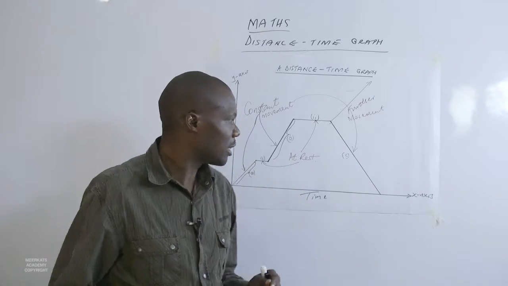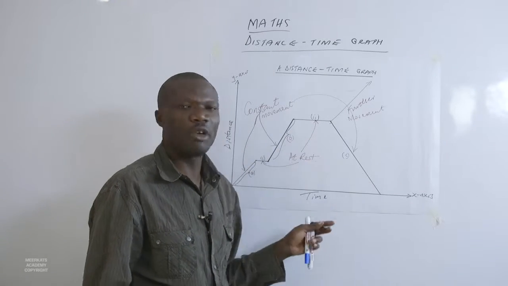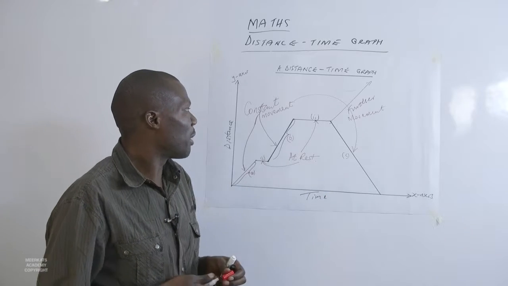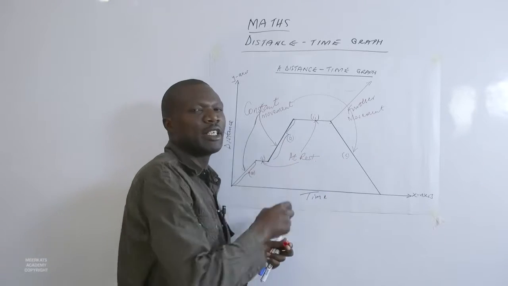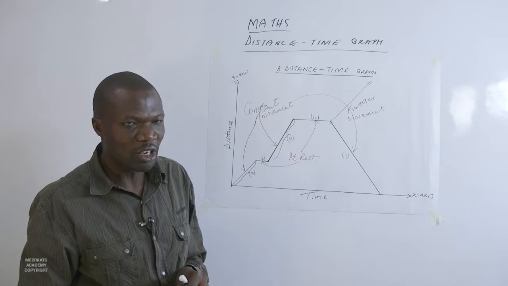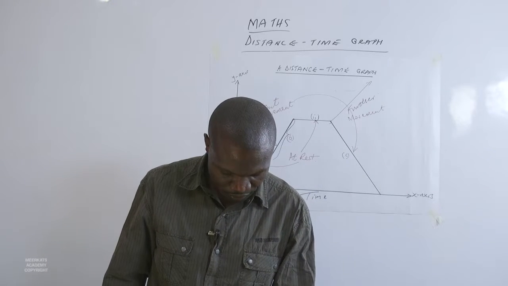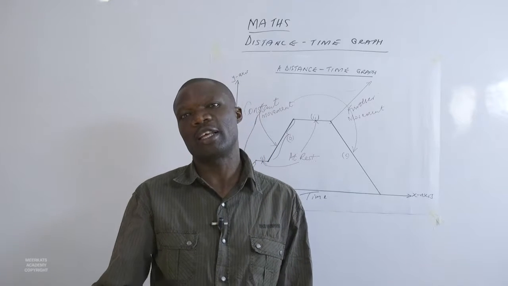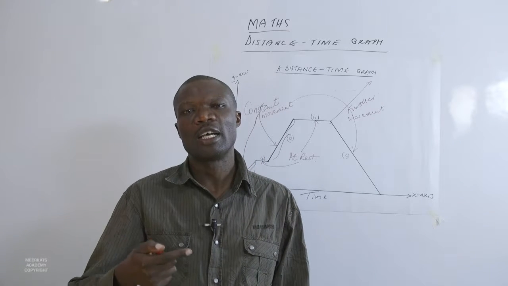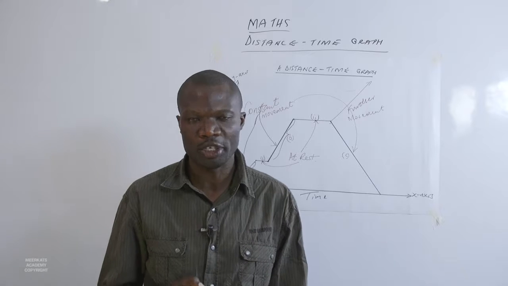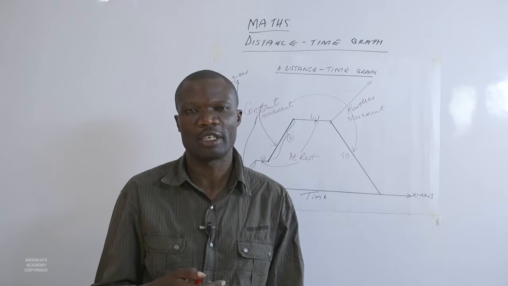We have looked at the speed steepness, but now the horizontal lines 1 and 2 mean that the object or the person is at rest, or we can say that the object is stationary somewhere.